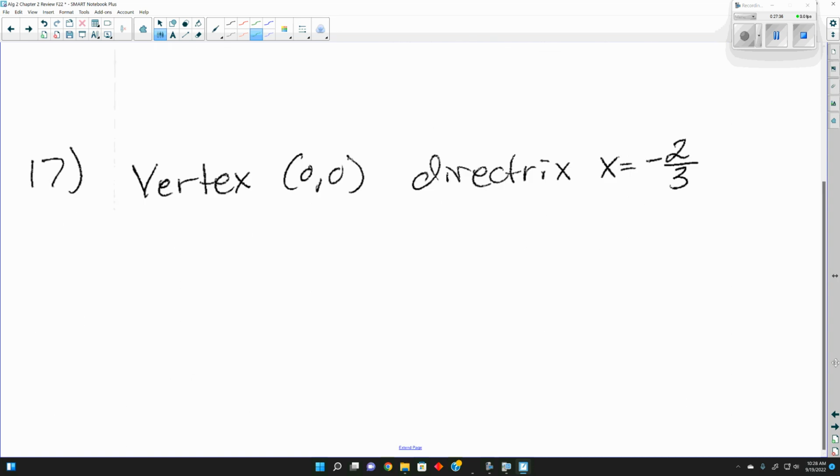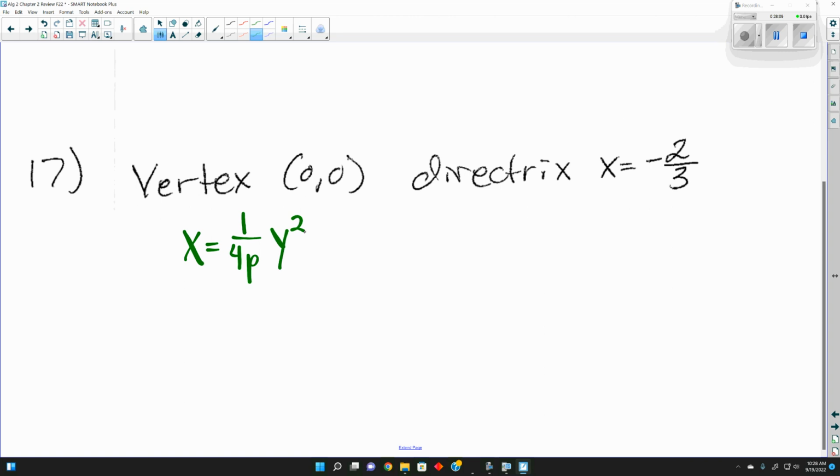Let's look at 17. Vertex is 0, 0, directrix x equals negative 2/3. The fact that the vertex is 0, 0 tells us nothing, because in both forms of this equation, the vertex is 0, 0. But the directrix x equals negative 2/3 tells us everything, because only one of them has a directrix of x equals. And that is our x is equal to 1 over 4p times y squared.